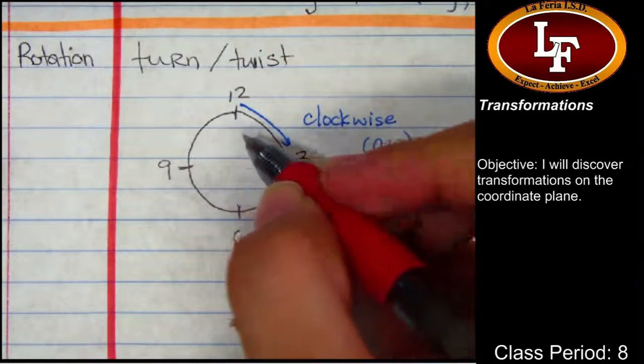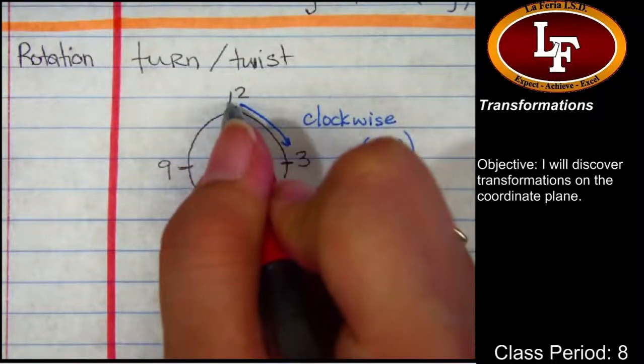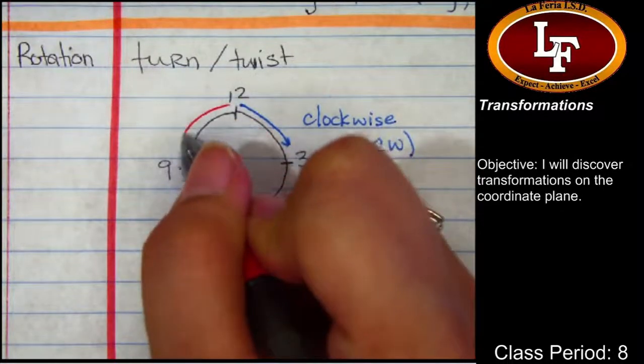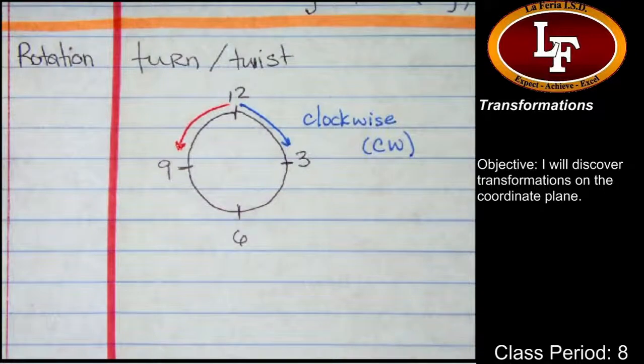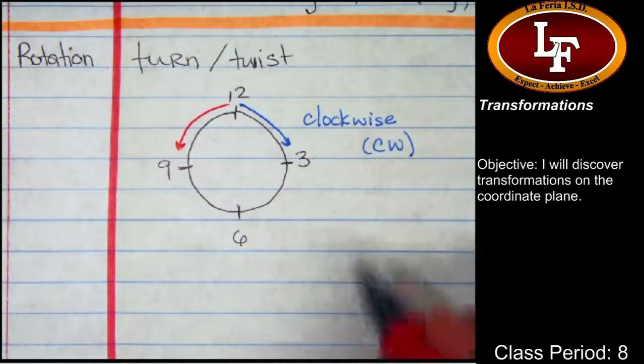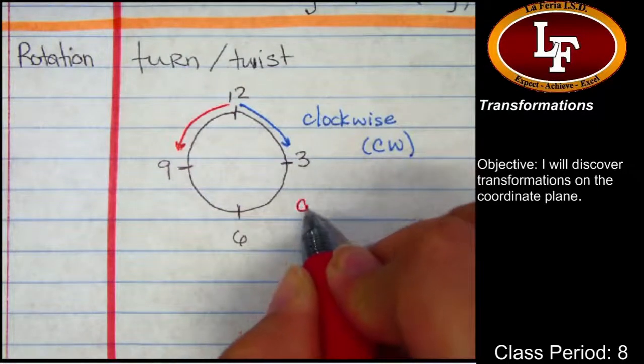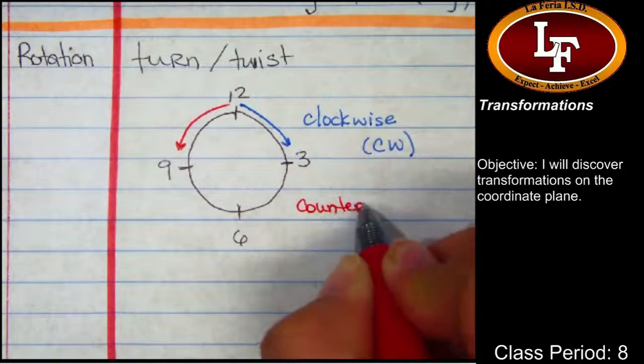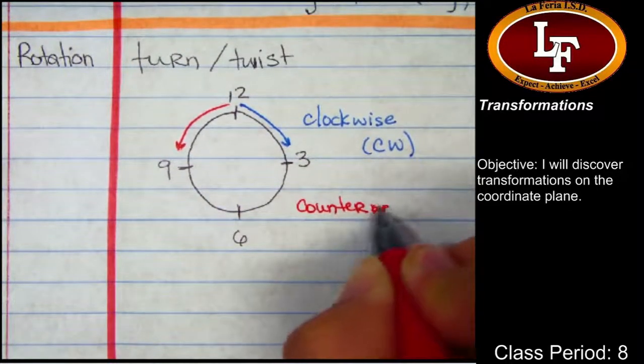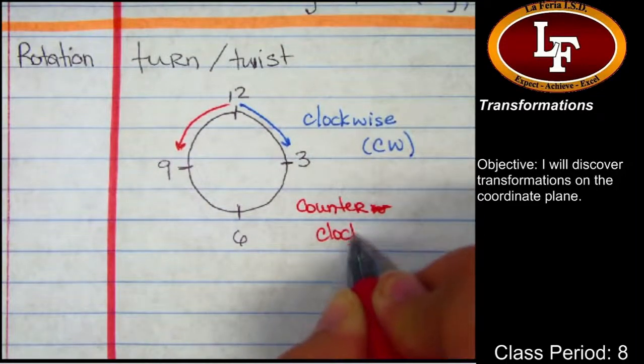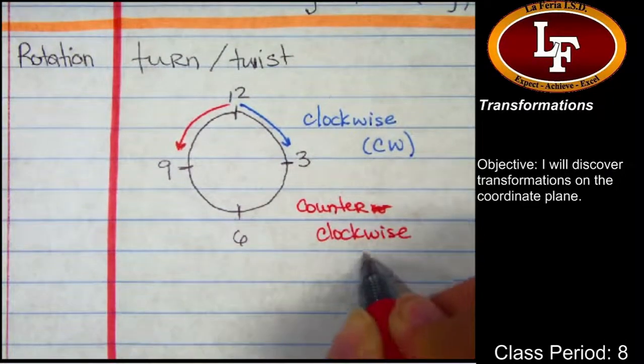If you start at the 12 and walk the other way toward the 9, you're going to be going down: 12, 11, 10, 9, 8, 7, 6. We're going to call this one counterclockwise, and we are going to abbreviate it.